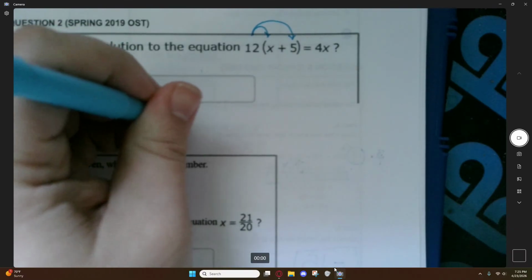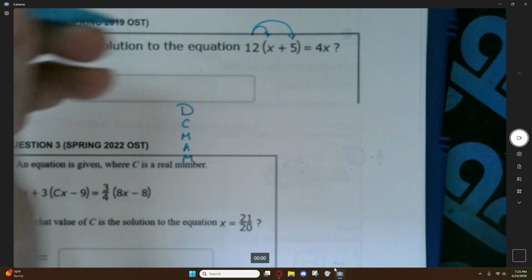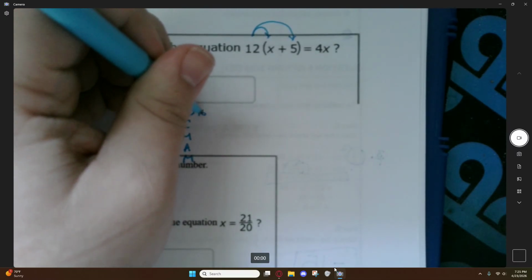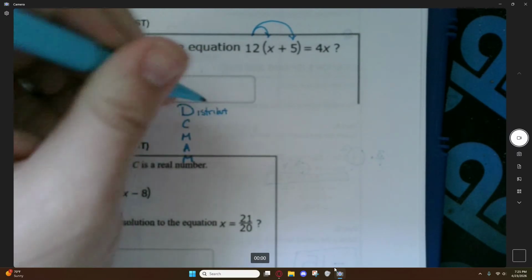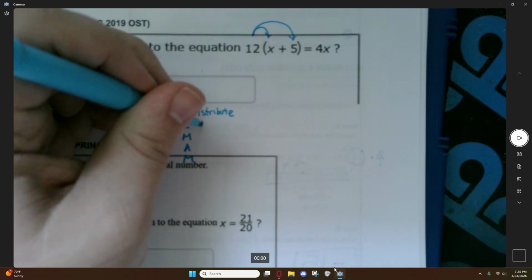We're going to want to use our acronym, Don't Call Me After Midnight, our mnemonic device, where the D stands for distribute. The C stands for combine like terms.